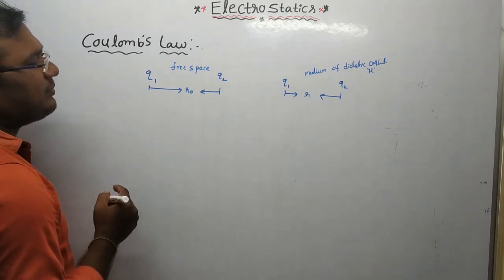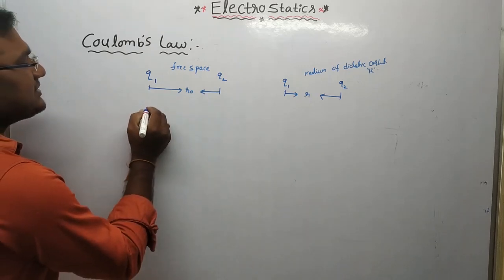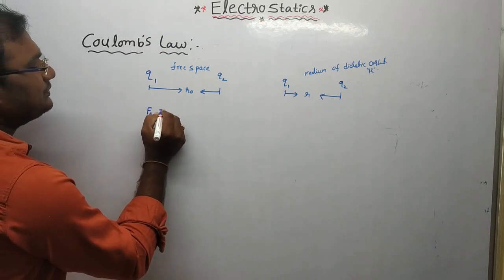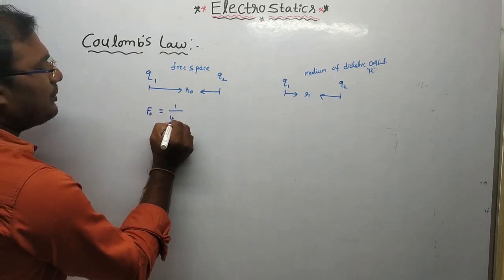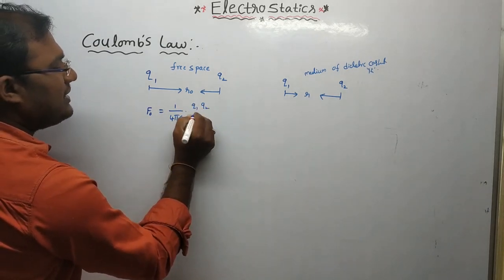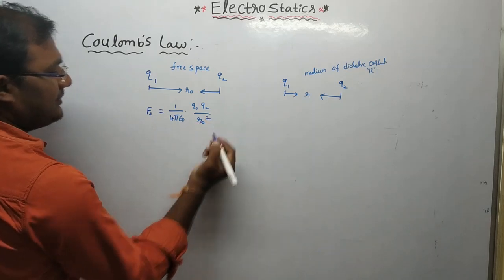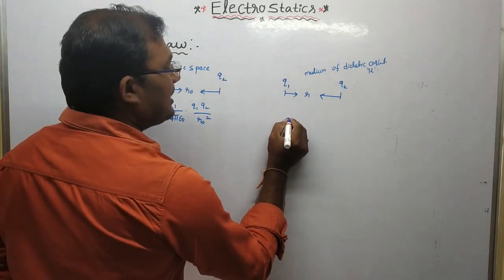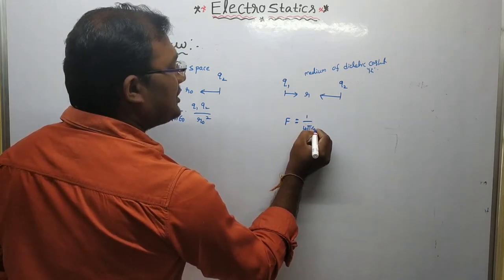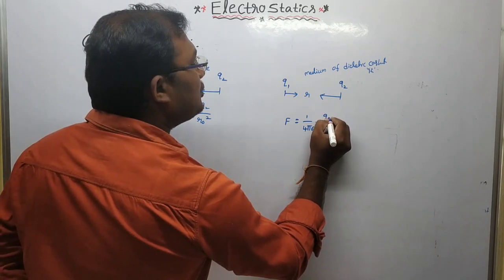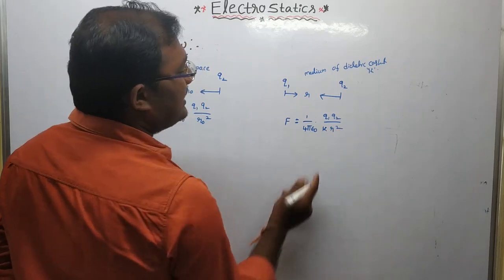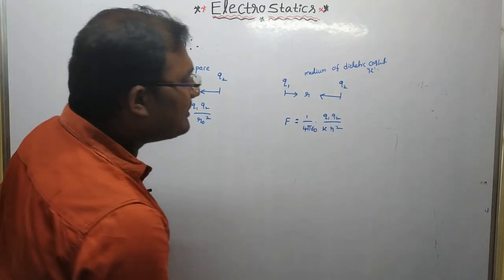When they are placed in free space, the force acting between them is F0 equal to 1 by 4 pi epsilon naught into Q1 Q2 by R0 square. But in this case, F equal to 1 by 4 pi epsilon naught Q1 Q2 by K R square. Here K is the dielectric constant of the medium.